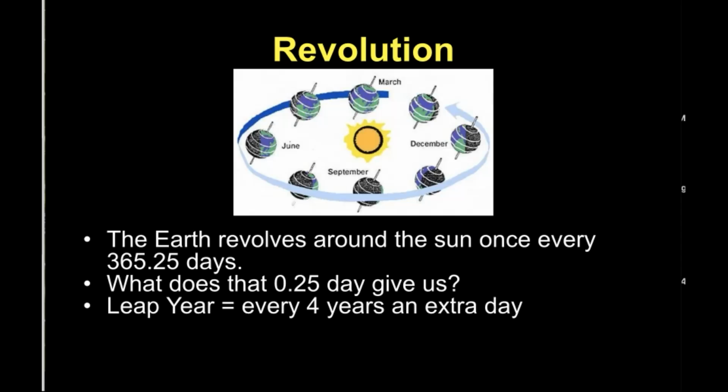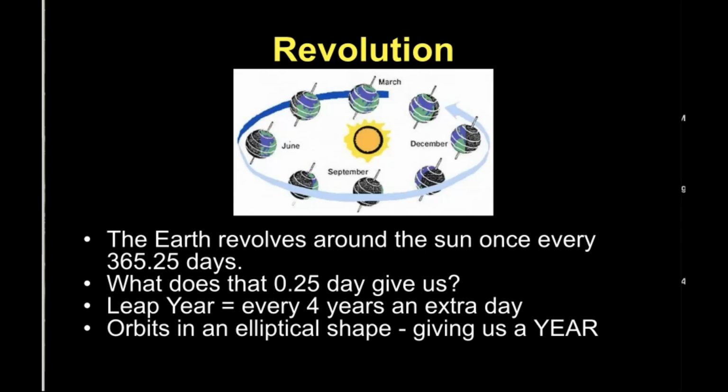So our revolution around the sun isn't a perfect 365 days. There's a little bit left over. And so what we do is we save those minutes so that every 4 years we get an extra day and we add that to February. So February ends up having 29 days instead of 28.